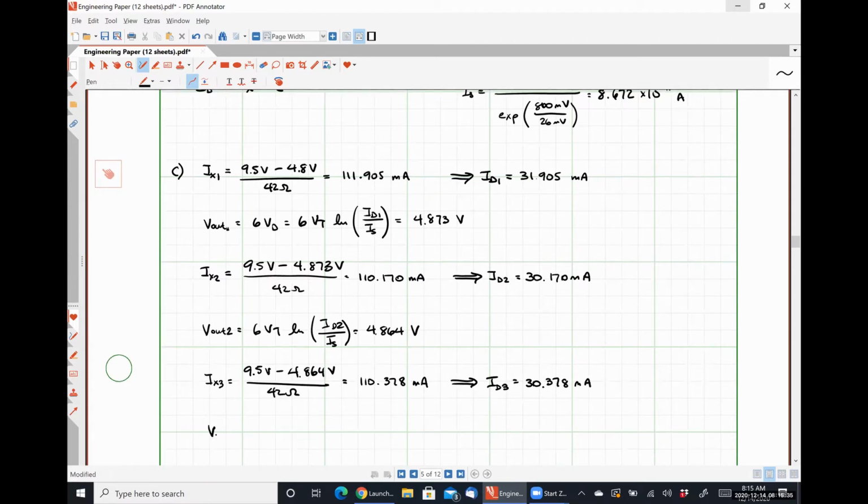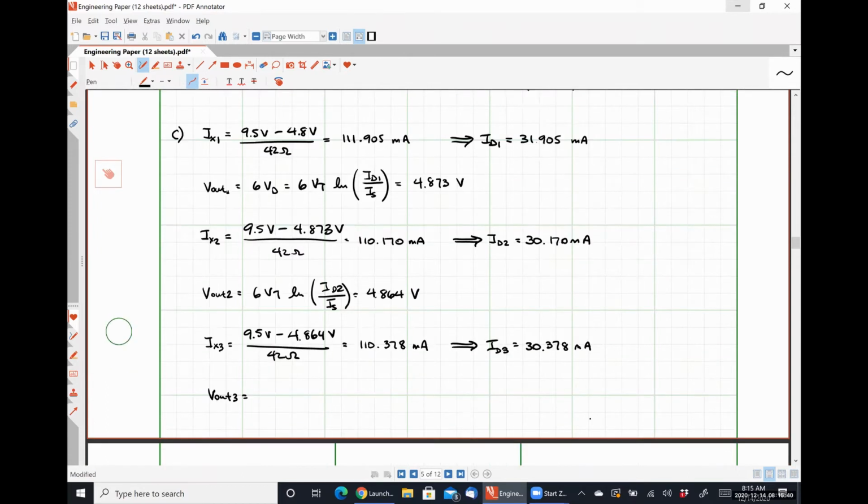And this gives us V out for guess 3, again 6 VT times the natural log of ID3 over IS, 4.865 volts. So that's a change of 1 millivolt, good enough for me. So 3 iterations was enough to do it.